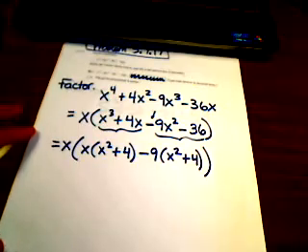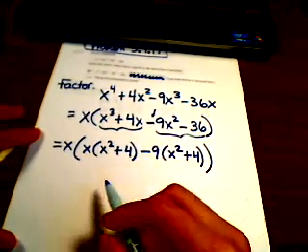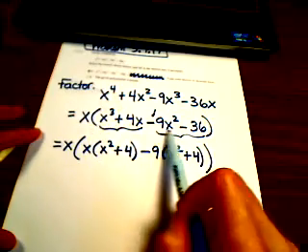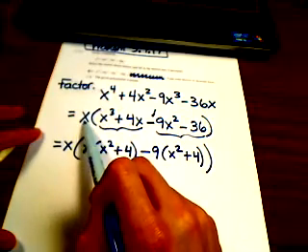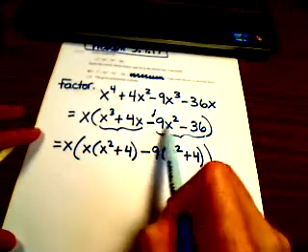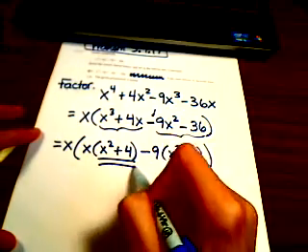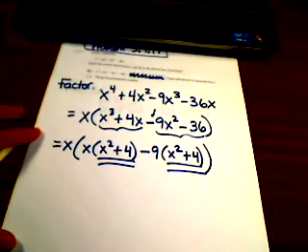Now what I notice, and this is the reason for factoring by grouping, is that I didn't have a greatest common factor on the inside here after I had factored out my GCF. But now that I've factored by grouping, I do have a GCF again. I have an x squared plus 4.